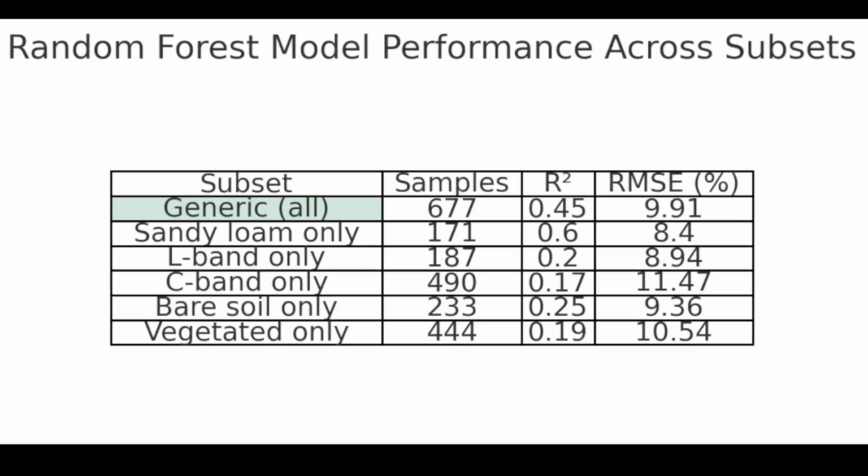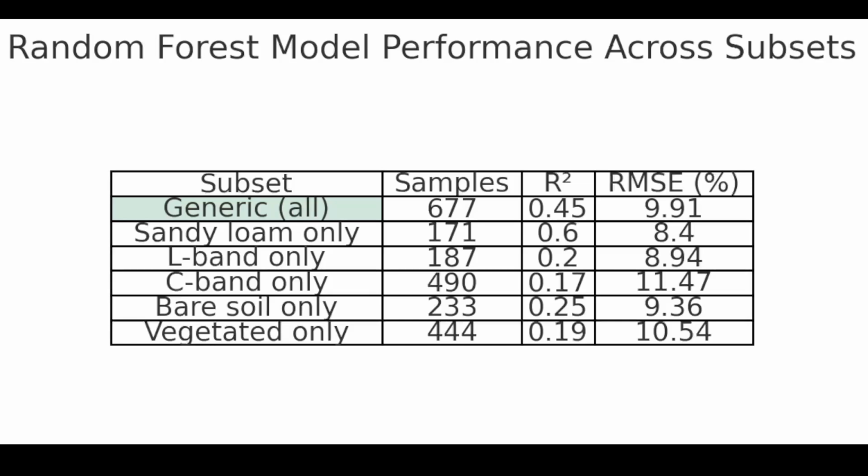So what it means is that even though we had a good number of samples for both bare soil and vegetated soil, the model performance was not good. So one could argue that sandy loam had more samples, but vegetated soil and bare soil also had more samples.